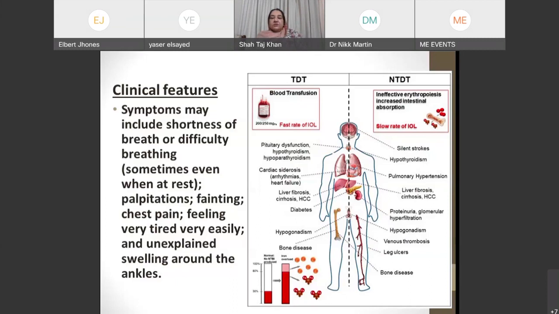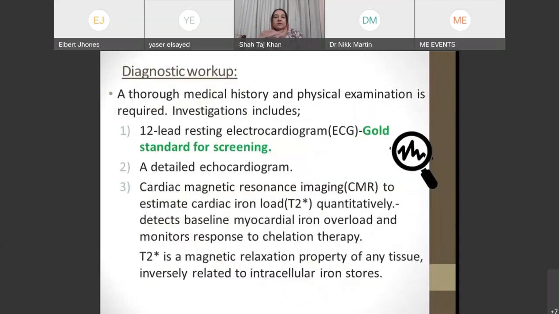In non-transfusion dependent thalassemics, there is more chance of pulmonary hypertension and silent strokes. This is again because of the lack of oxygen supply to the vital tissues of the brain and of the lungs.